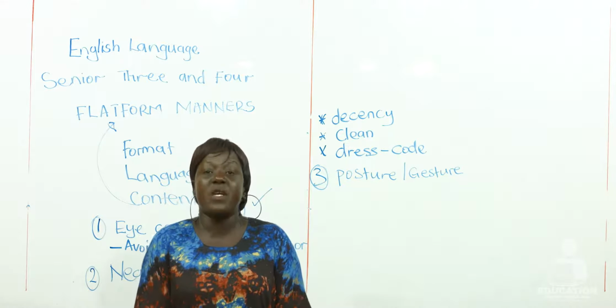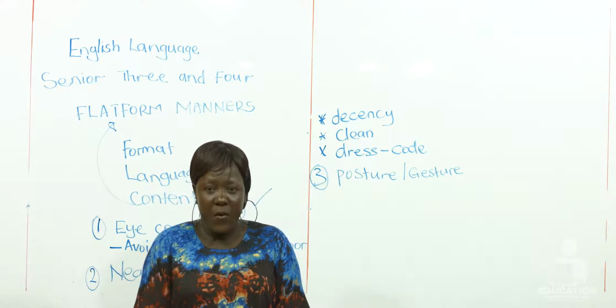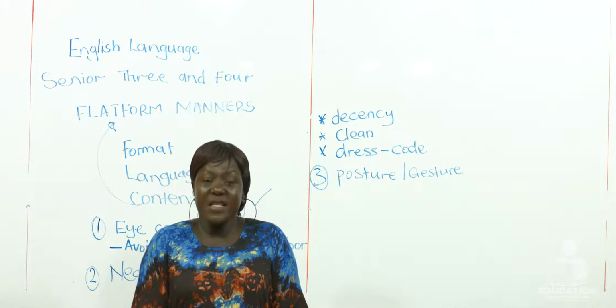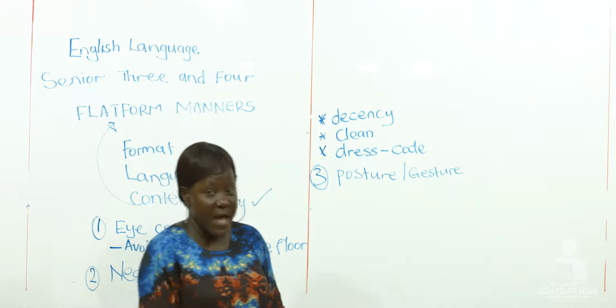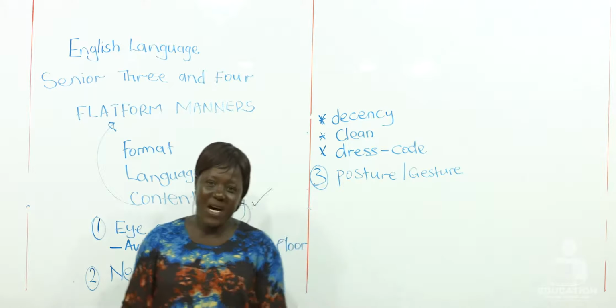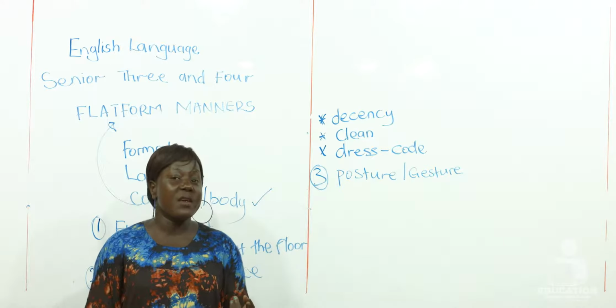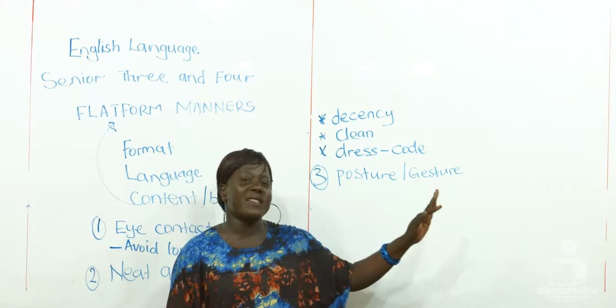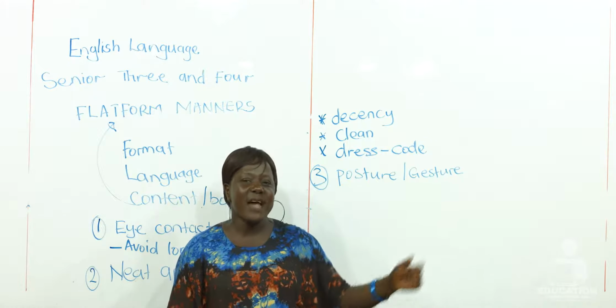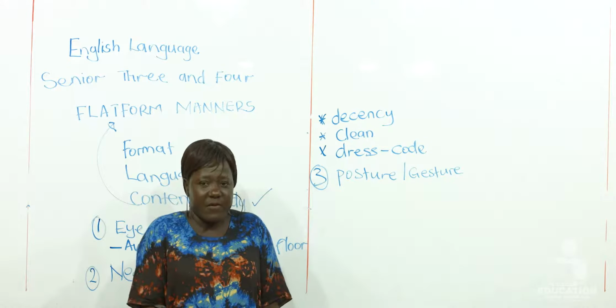If you're stiff, it means you're almost immovable. If you're standing stiff, that is a sign of fear. Your listeners may think you're either sick or you're fearing something. So you have to stand straight but not stiff.